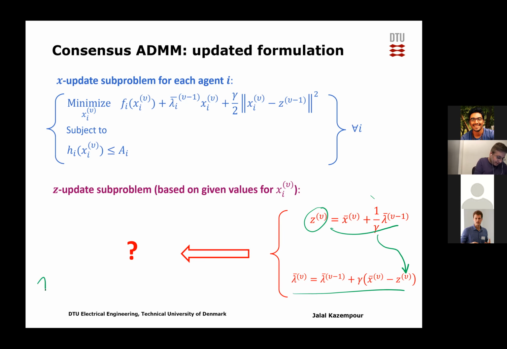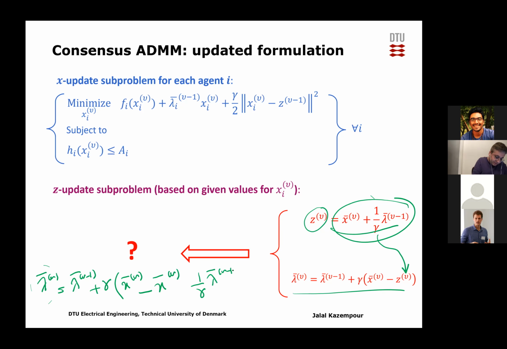So here we will have lambda bar in the current iteration equal to lambda bar in the previous iteration plus gamma times x bar in the current iteration minus x bar in the previous iteration, minus 1 over gamma lambda bar in the previous iteration.